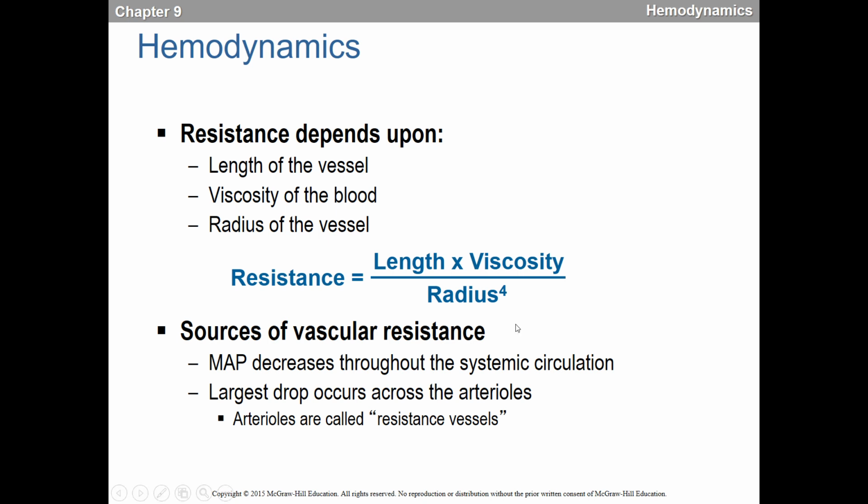Whenever it's to the fourth power, a little change, and there's some math in the book if you're interested in this, will have a massively huge exponential effect. So if you close the radius just a little bit, for example in the gastrointestinal tract, if we vasoconstrict capillaries, arteries, and arterioles going toward our gastrointestinal tract, that's going to increase the resistance there a lot, so blood flow will not go there.